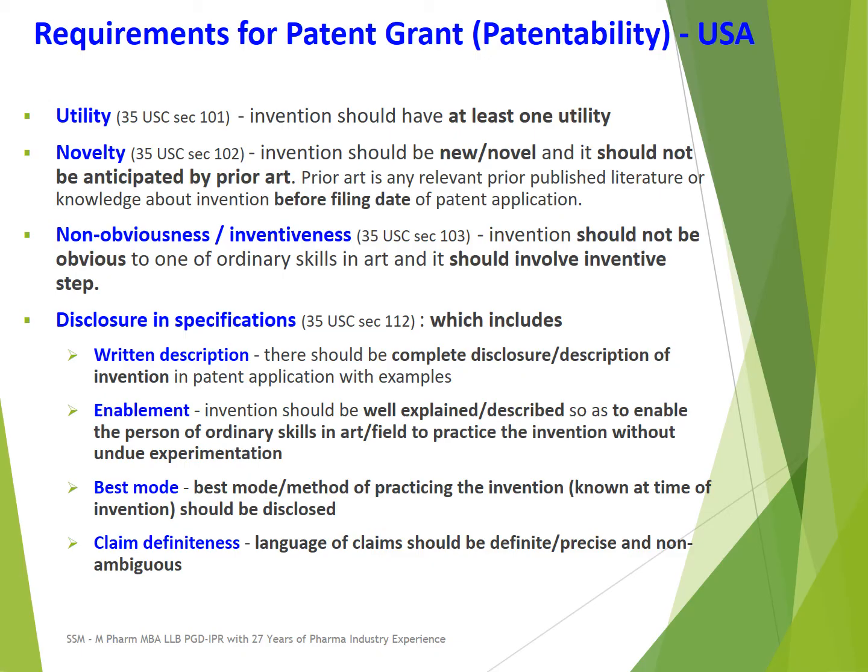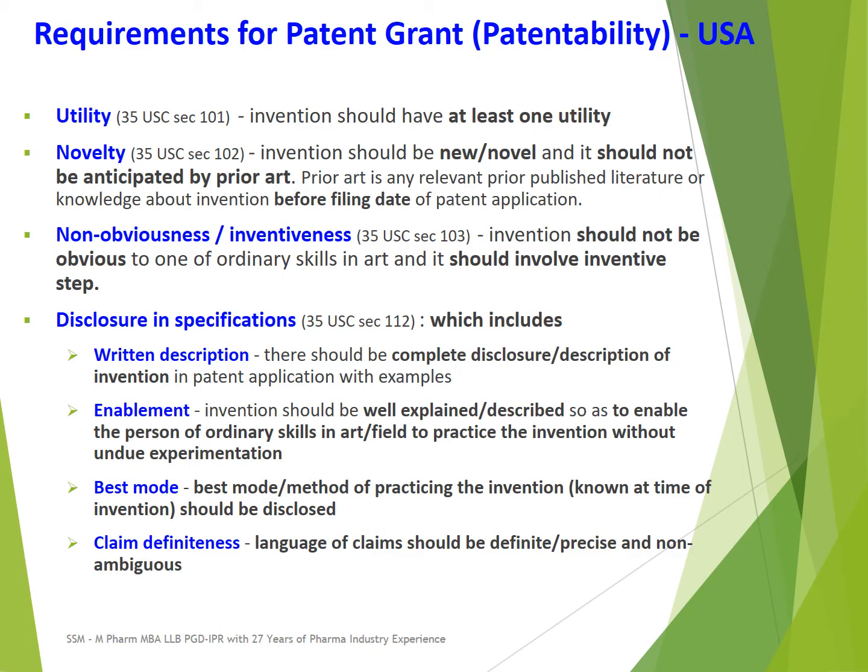Next requirement is non-obviousness or inventiveness. Invention should not be obvious to one of ordinary skill in art, and it should involve inventive step. So it should not be obvious to a person of ordinary skill in the art, and a person of ordinary skill in the art is a person having knowledge of that field of invention.